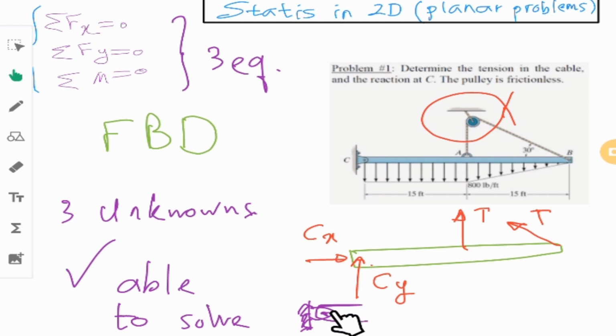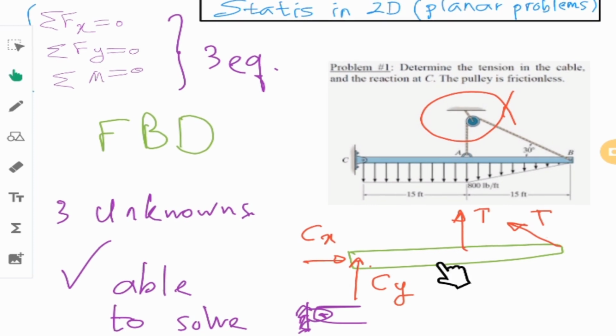And if you start to move it to the right, it is impossible as well. These are the reaction forces, and we don't know the value of them, but we know they exist. But if you start to rotate this guy, it is possible to rotate it, and that's why I don't have any moment here.